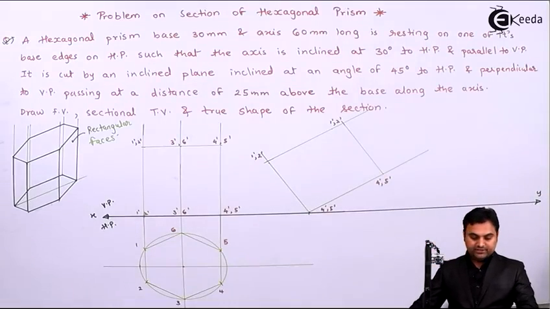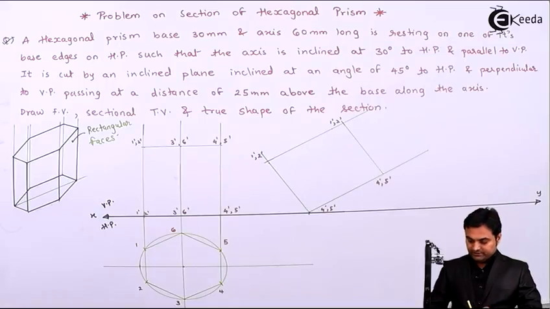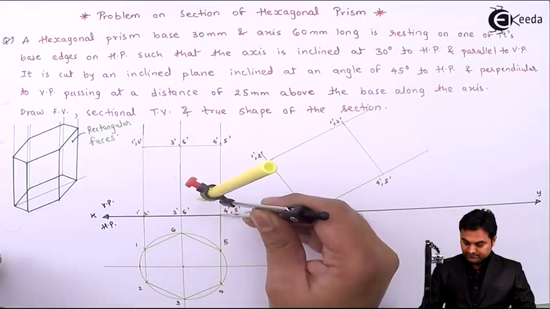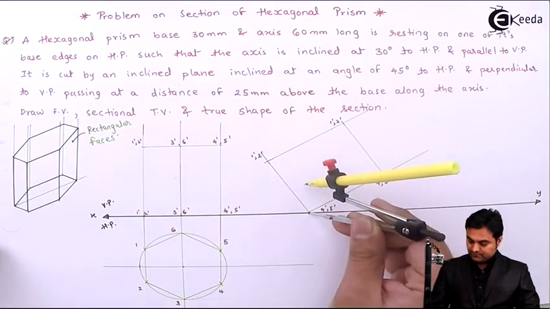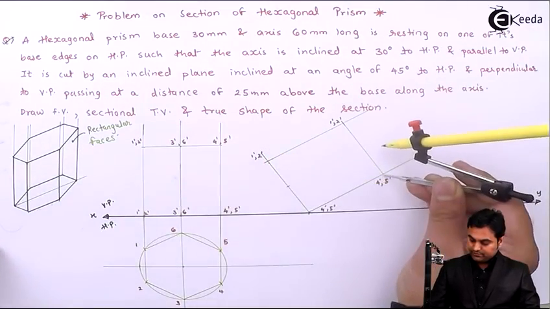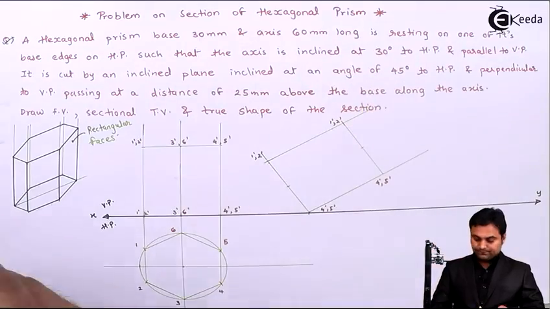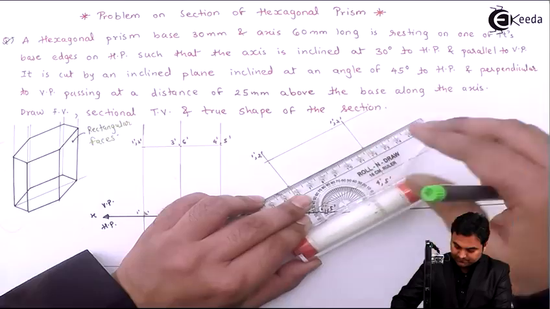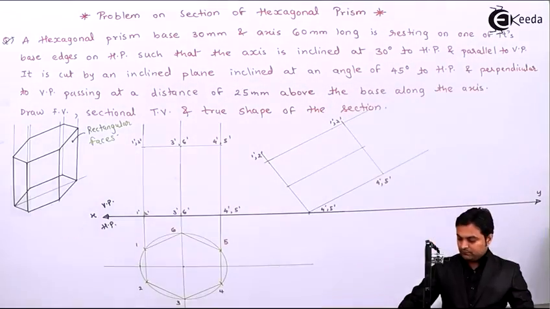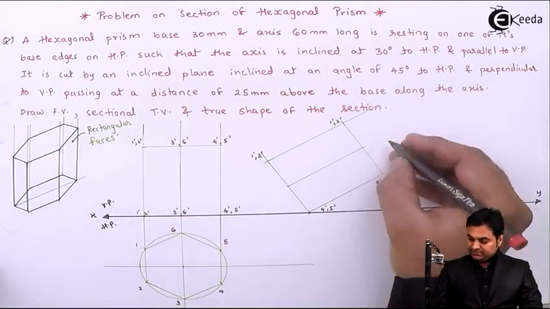Next I need to mark 3 dash, 6 dash over it. For that I'll take the distance from 4 dash, 5 dash up to 3 and 6. Connecting with light line first. Marking 3 dash, 6 dash.